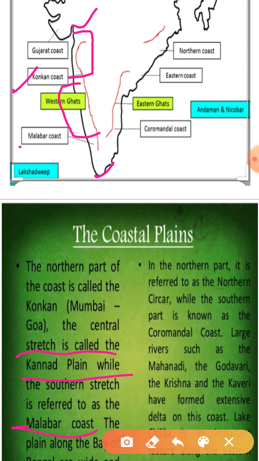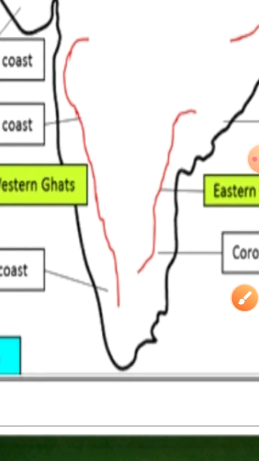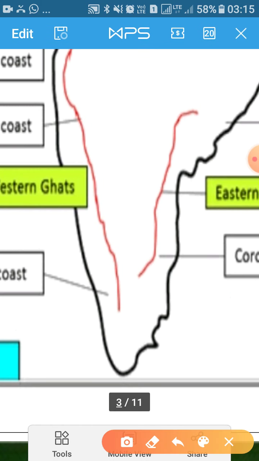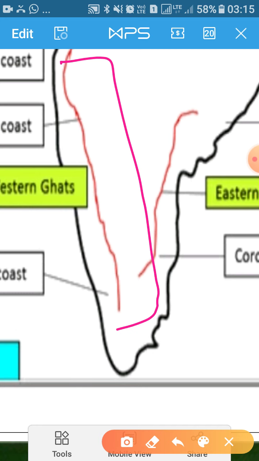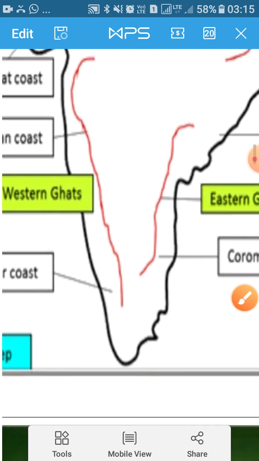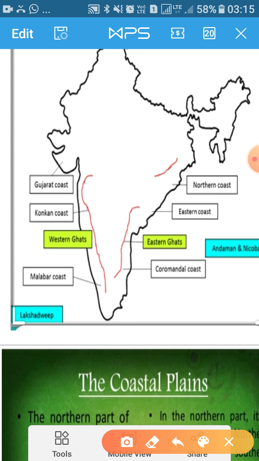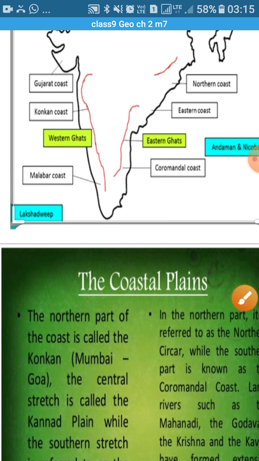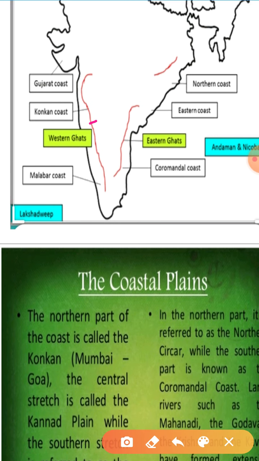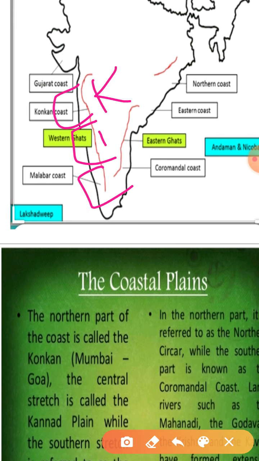The southern part is called the Malabar coast.